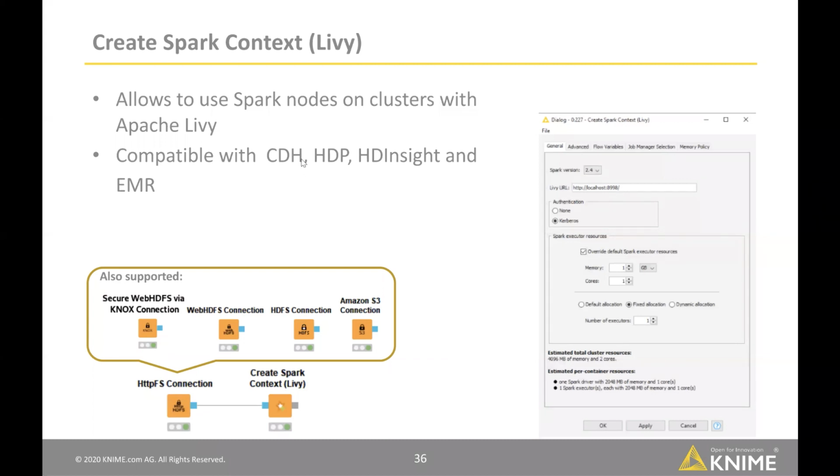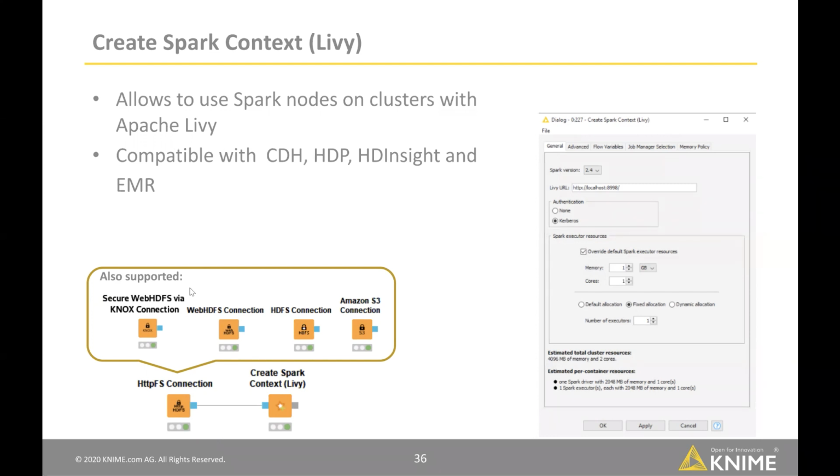For CDH, we're offering a package called a parcel, which you can just install via your Cloudera Manager, and then it will run the Livy service for KNIME to connect to. EMR also contains Livy by default.